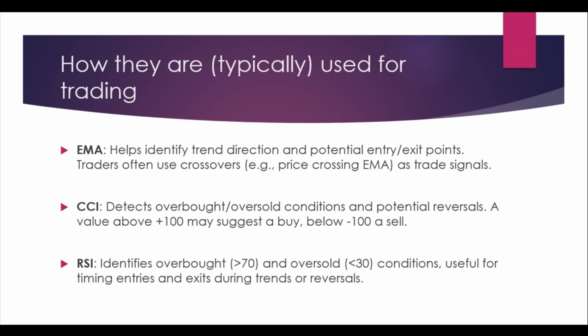So how are these indicators typically traded? The EMA identifies trend direction and potential entry or exit points. The CCI is used to identify overbought or oversold conditions and potential reversals. The RSI, similar to the CCI, is also used to identify overbought and oversold conditions, and it's used more for timed entries.